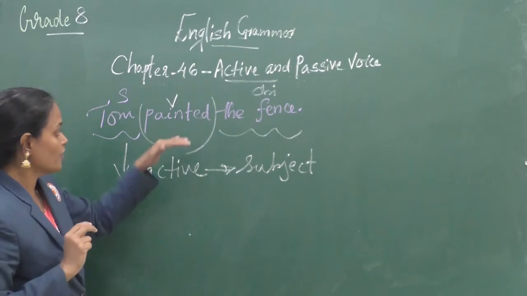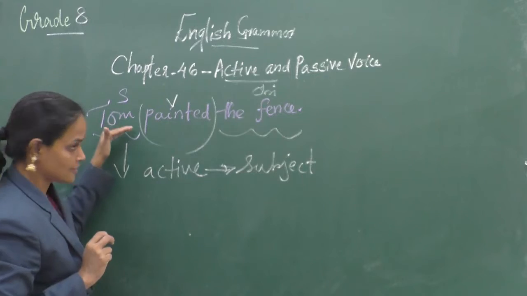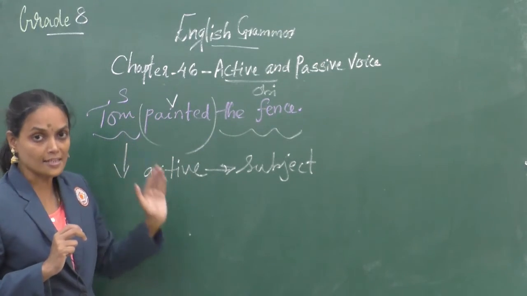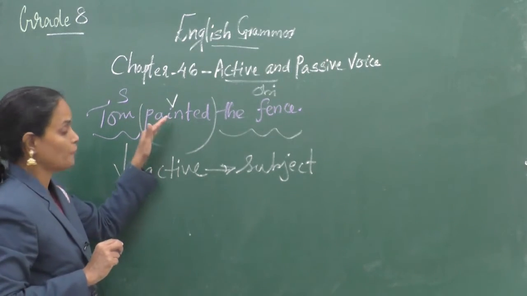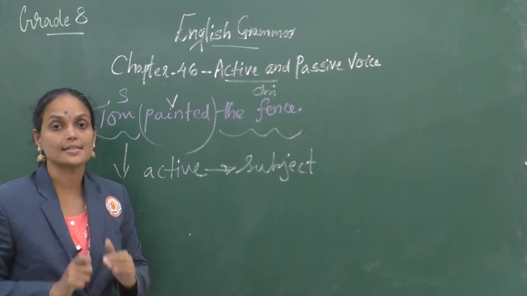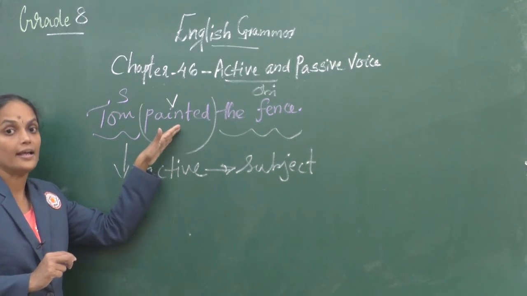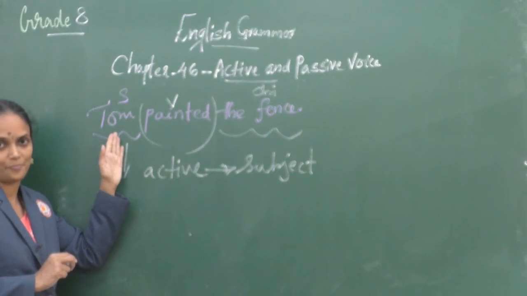Correct? So, the verb form which talks about the subject that does an action is in active voice form. Here the verb painted is in active voice form because the verb painted indicates the action done by the subject.